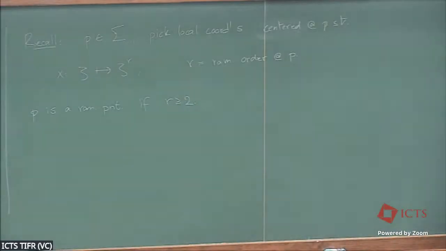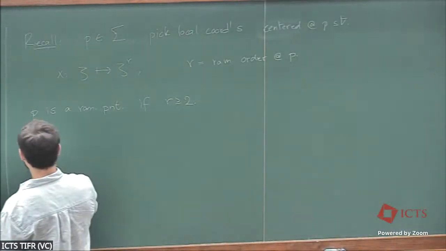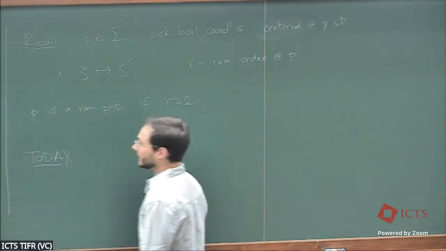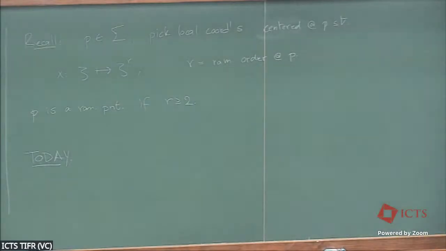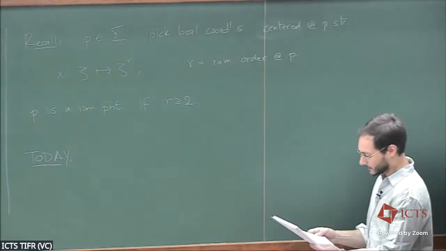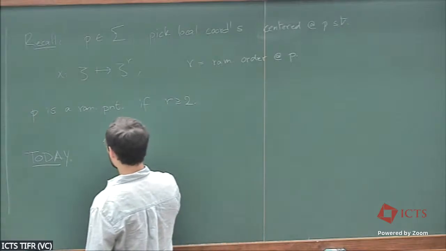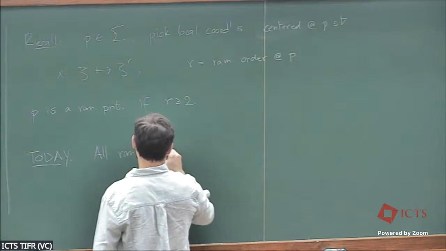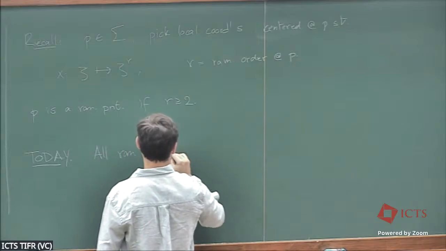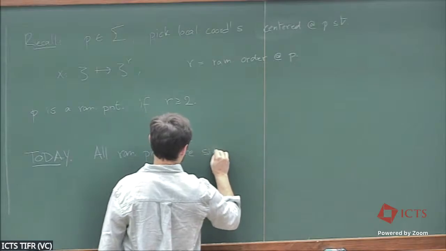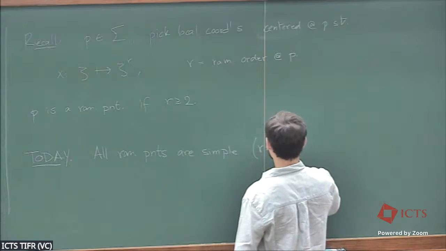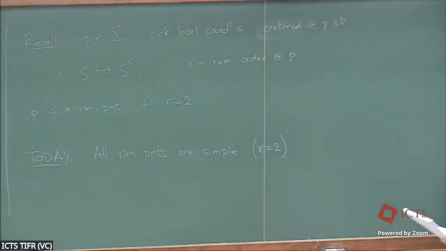So this we saw several times in the previous lectures. And what I want to consider today, this is the simplification that I was talking about at the beginning of the lecture, related to the fact that we are only considering essentially quadratic ramification points in this setting, is that for today, all ramification points are simple, meaning that r is equal to 2 for all ramification points.